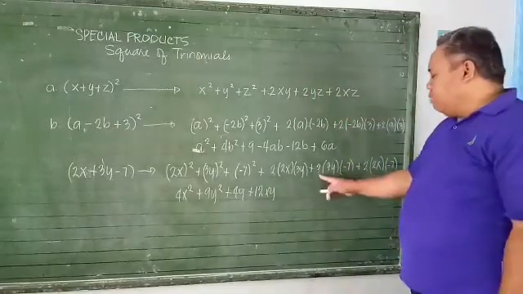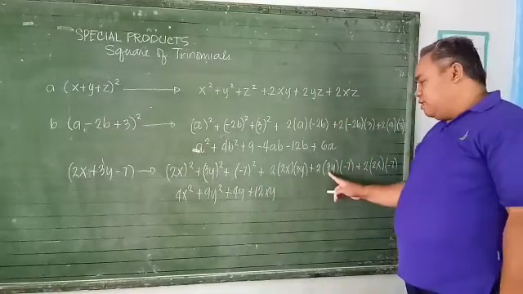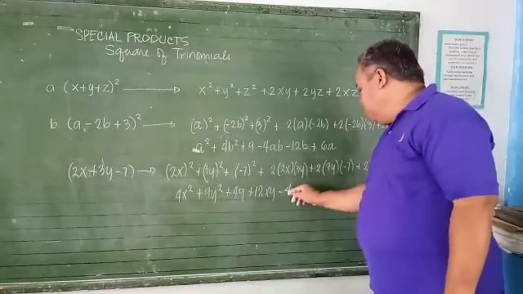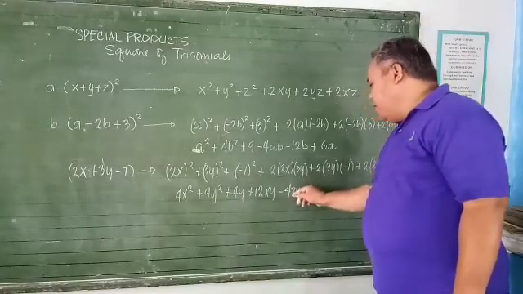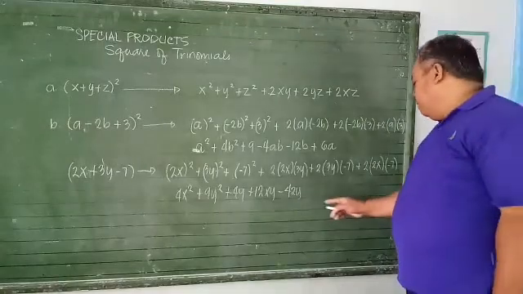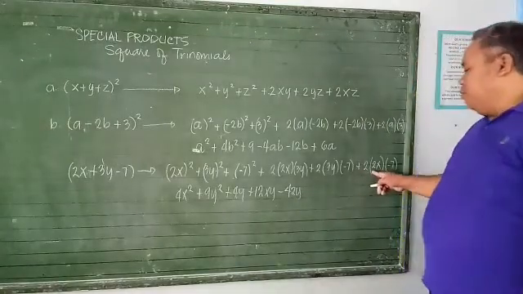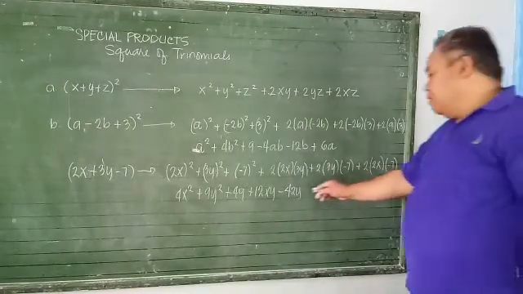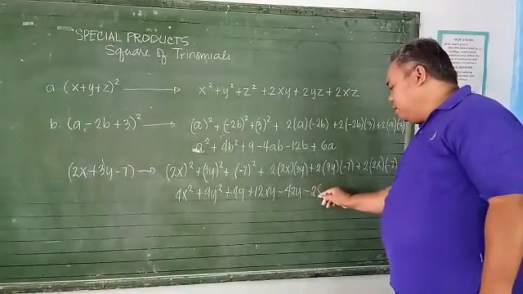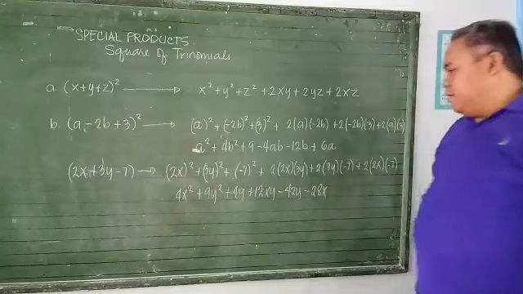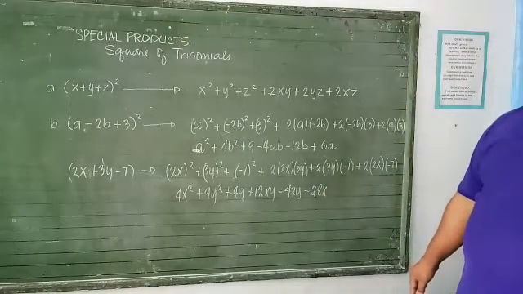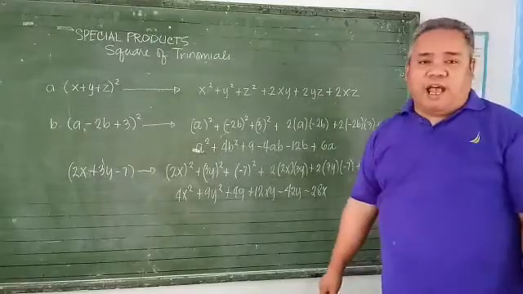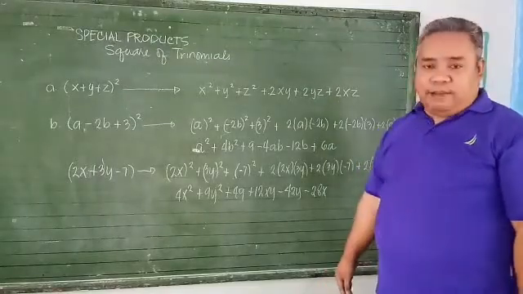And then 2 times 3, that's 6 times negative 7, give you negative 42y. And then last term should be 2 times 2, that's 4, times negative 7 will give you negative 28x. So that's how you're going to solve this type of special product which is known as square of trinomials.